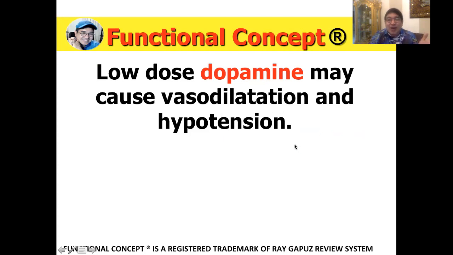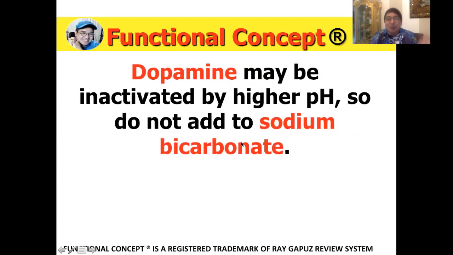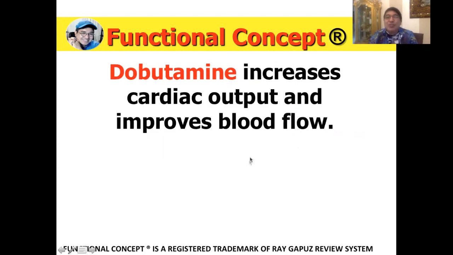This is the reason why sometimes dopamine is not indicated for hypovolemic shock. It's indicated for cardiogenic, septic, and neurogenic shock. Dopamine may be inactivated by higher pH, so do not add to sodium bicarbonate because an alkaline environment could potentially inactivate dopamine.